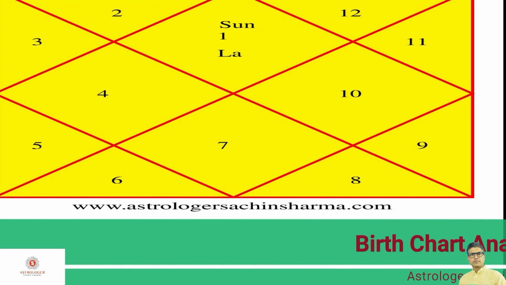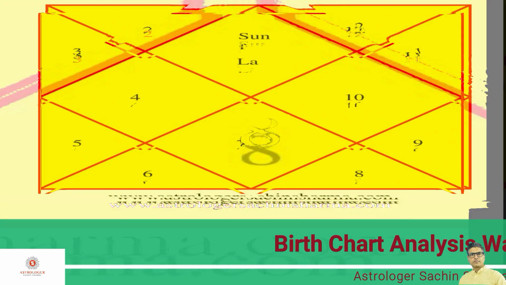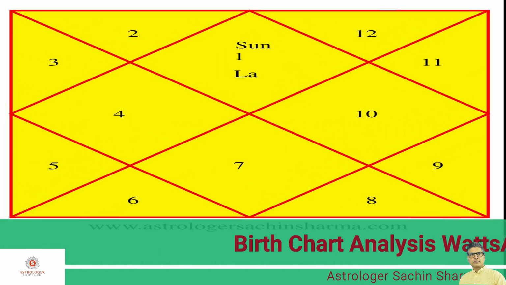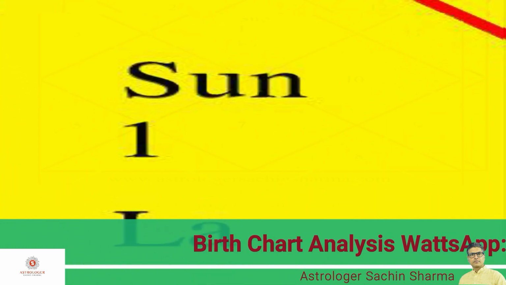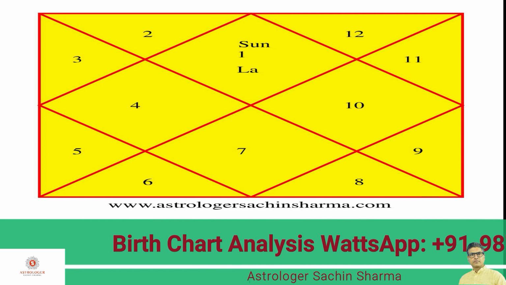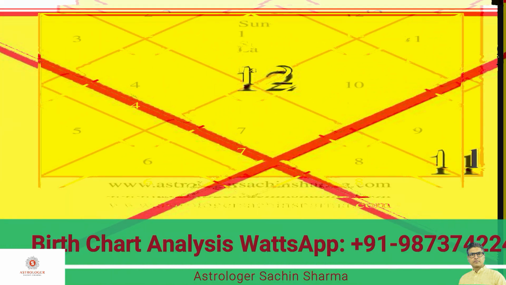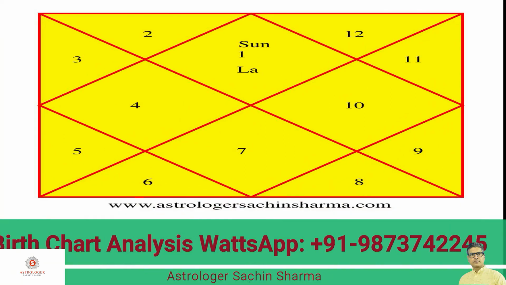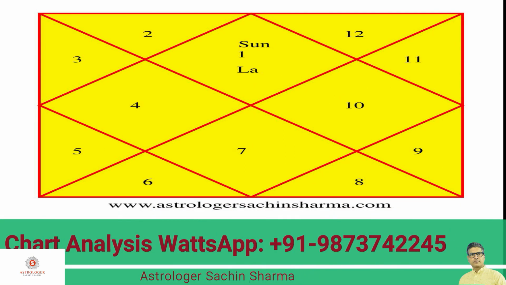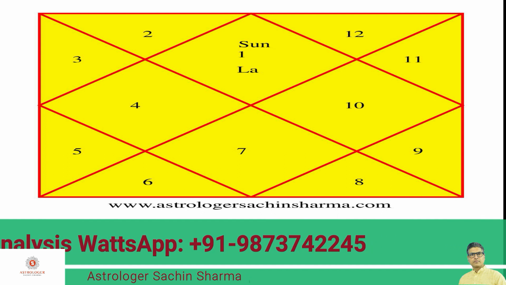If we see that the lord of the 8th house is Mars, but Mars is also the lord of the 1st house, therefore Mars is not considered a malefic planet or Marka planet in Aries ascendant. And if we see that the 12th house lord is Jupiter, that means number 12 is written in the 12th house, therefore the lord of the 12th house is Jupiter, but Jupiter is also the lord of the 9th house.